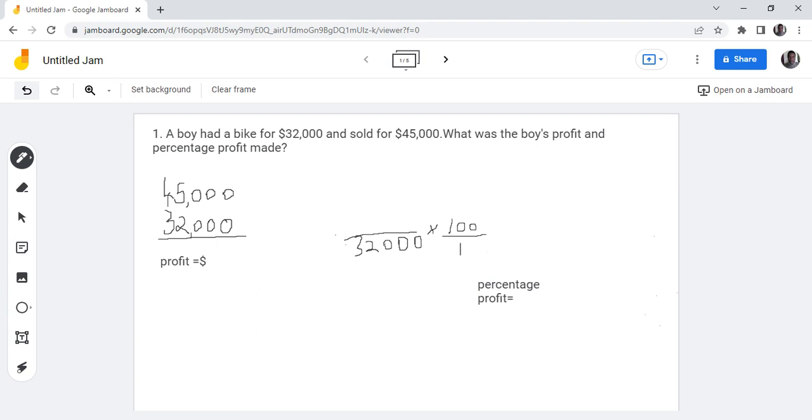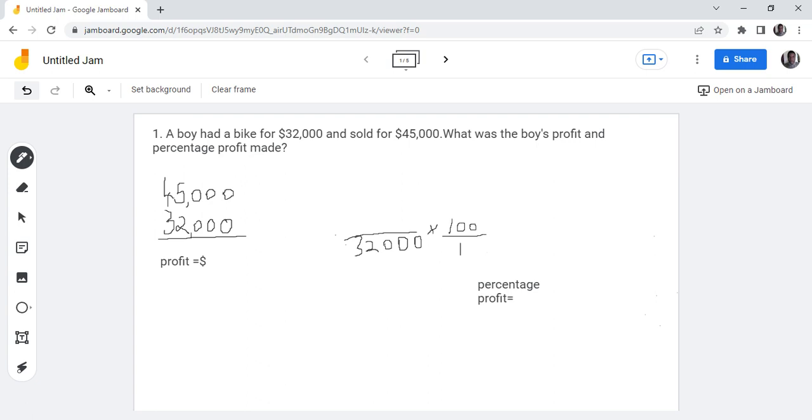Now, as you would have learned in grade 10 and grade 11, the formula for calculating profit is selling price take away cost price, and the formula for calculating profit percentage is profit over cost price times 100 over 1. So let's just go ahead and attempt this question. We identified that the bike was sold for 45,000 and the cost price was 32,000.